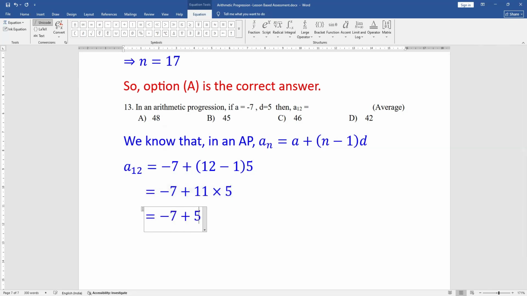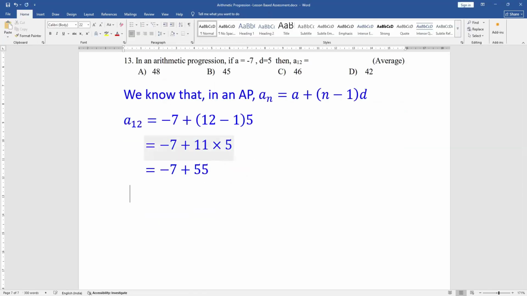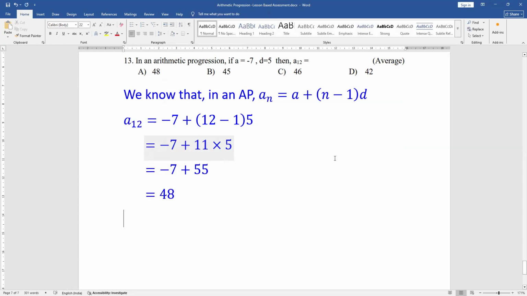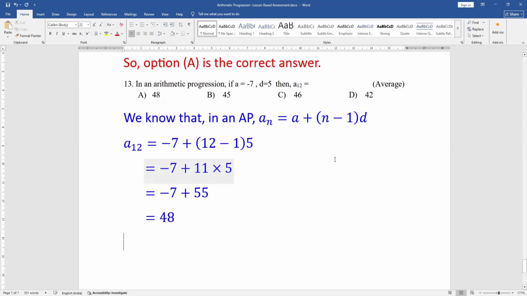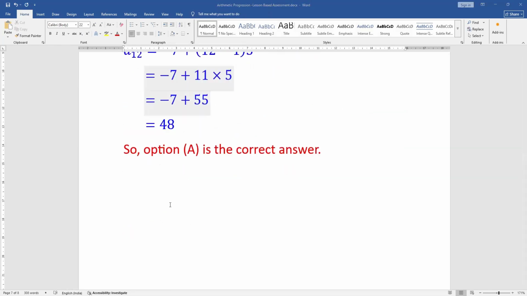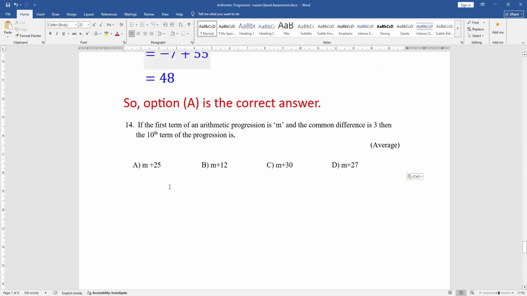So -7 plus 55 is equal to 48. So whichever option matches is the correct answer. Correct, right? Okay, let's go to the next question.